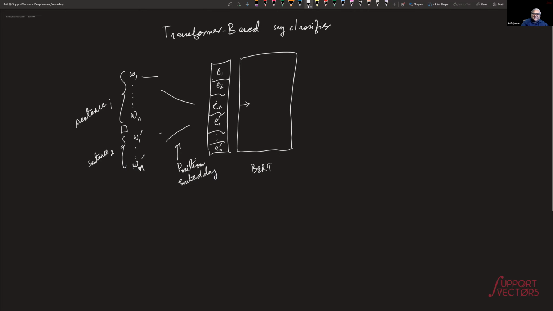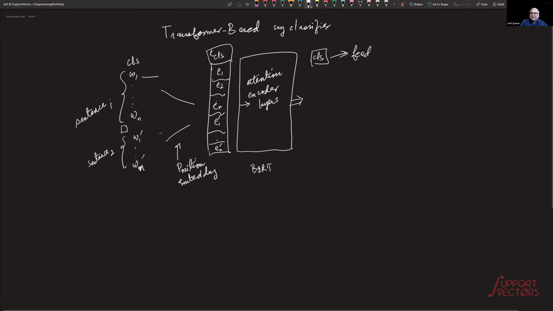You go through all those attention encoder layers, and when it comes out, there's also the CLS token, so there's an E-CLS here. What you do is take the last output of the CLS for classification and feed it into any classifier.